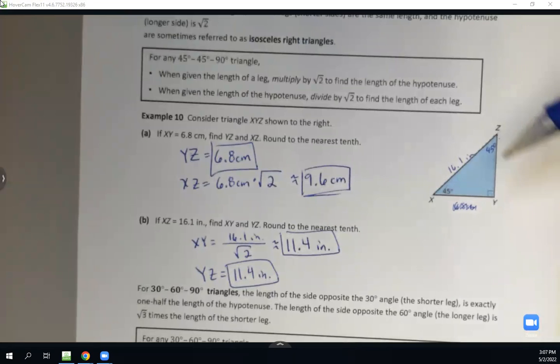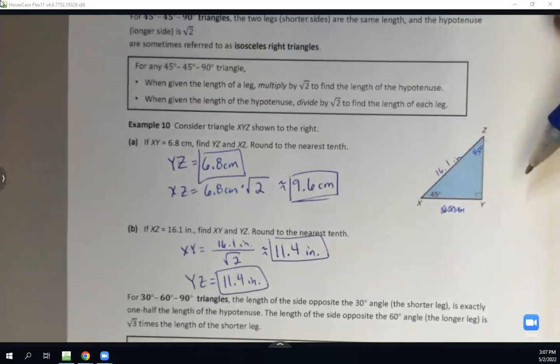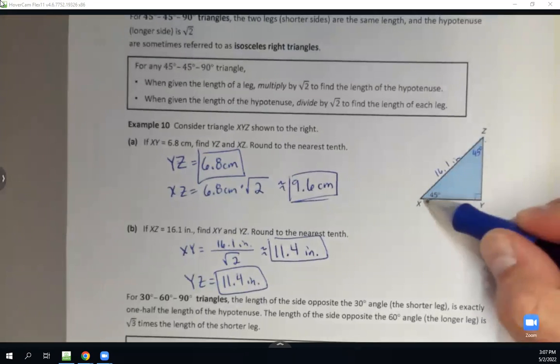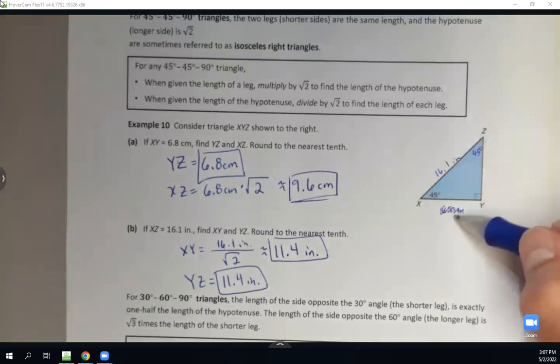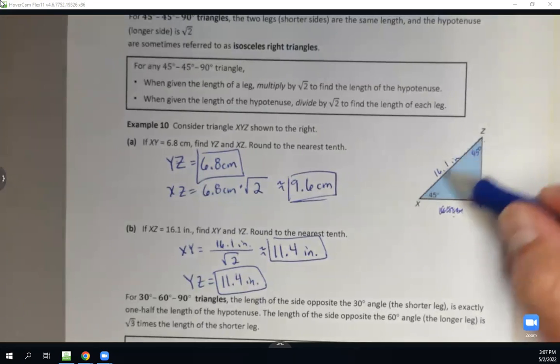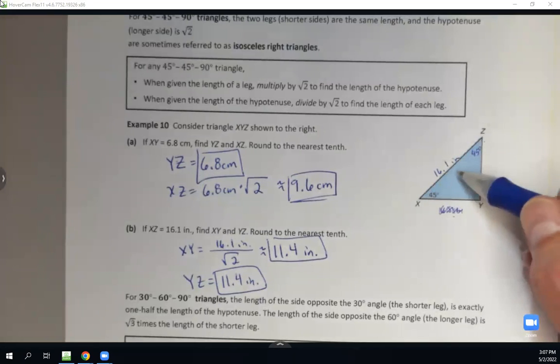Now, if you were to forget that, if I told you this side is 6.8, then it's obviously an isosceles triangle. So if this is 6.8, this is 6.8, you could also figure out what that had to be by using the Pythagorean theorem.